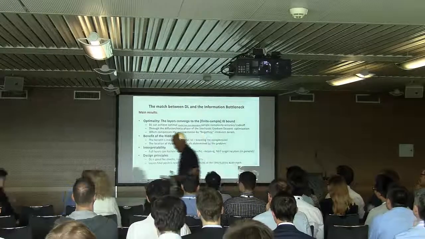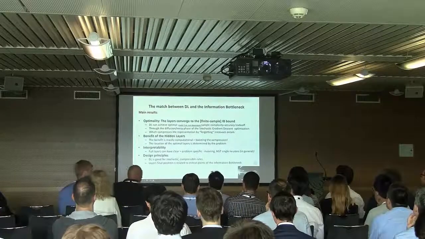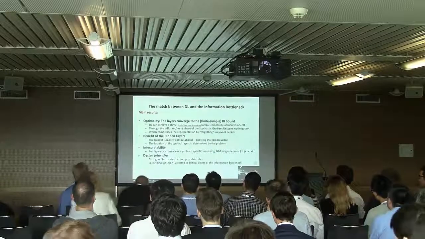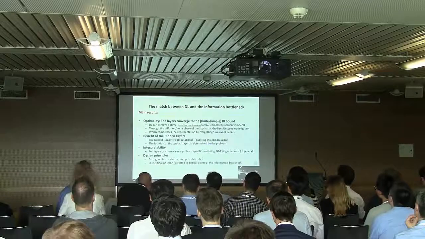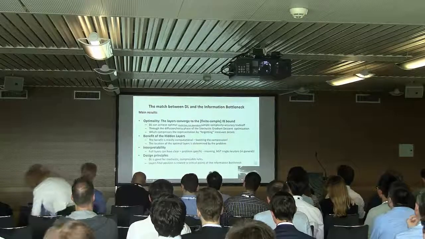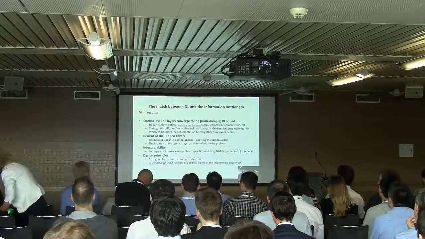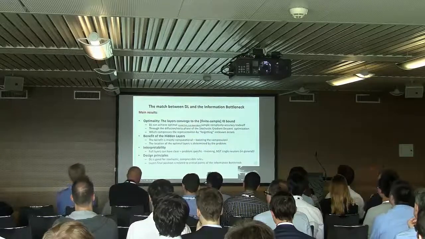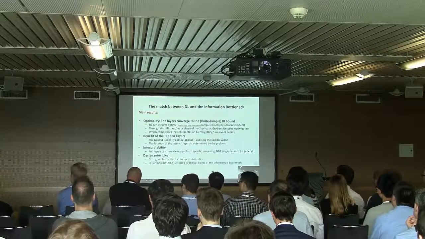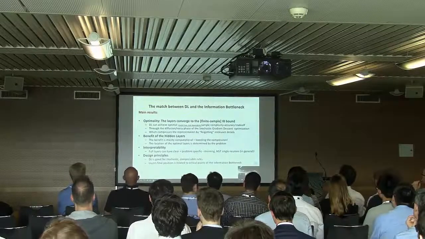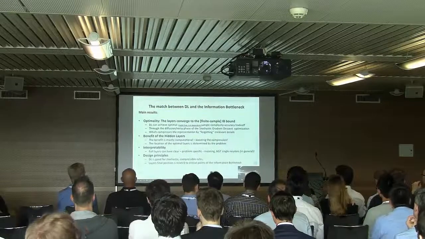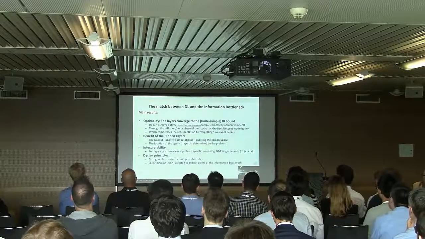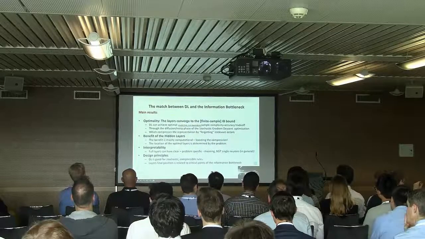One of them is really the optimality, which is that the layers of the network converge to what I call the finite sample information bottleneck bound, which means that eventually if you wait long enough, and the dynamics does depend on the architecture, but if the architecture is sufficiently expressive, sufficiently rich, you're eventually going to converge to an architecture independent bound, which is optimal in the sense that no algorithm or no alien being or whatever you want is able to do better with this data on this problem.